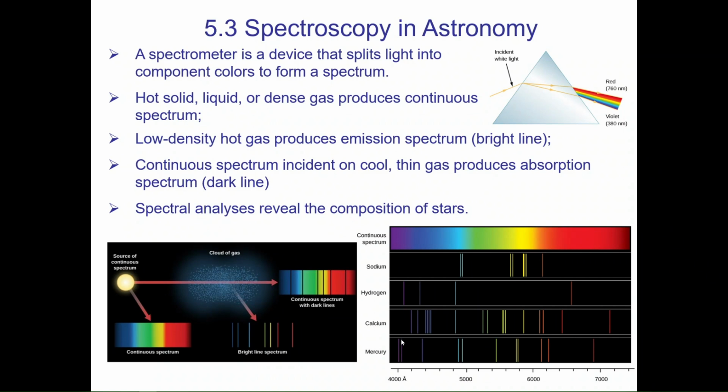For example, if the light is filled with sodium, it emits different lines at different colors, or sometimes we say different wavelengths, compared to other elements. With hydrogen, you can see mostly they only have red light and no yellow line, right? And calcium and mercury also emit different emission spectra.